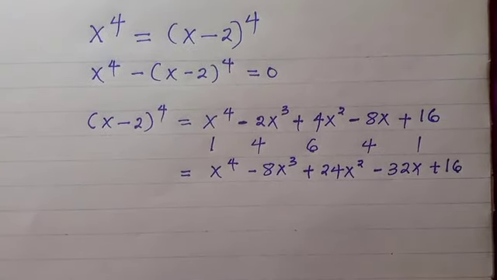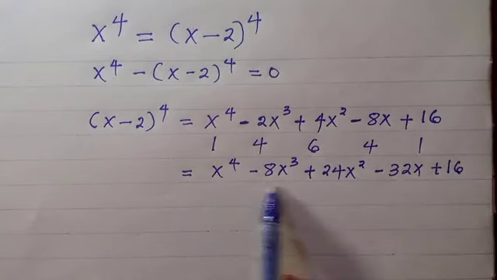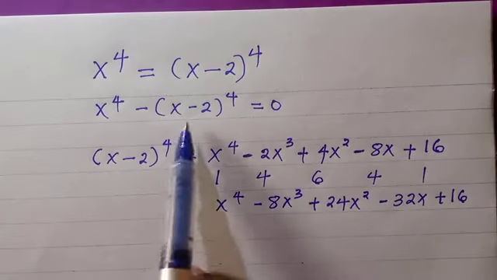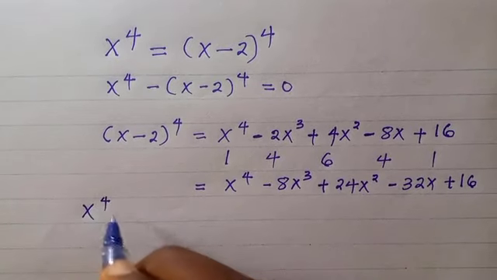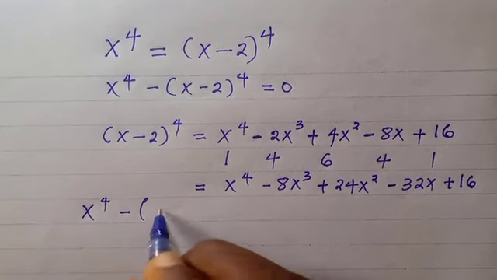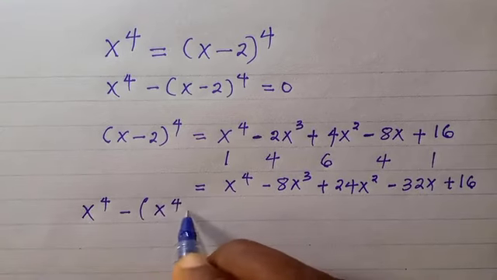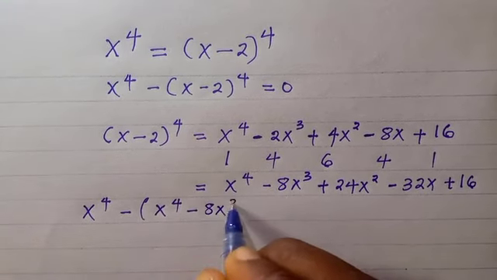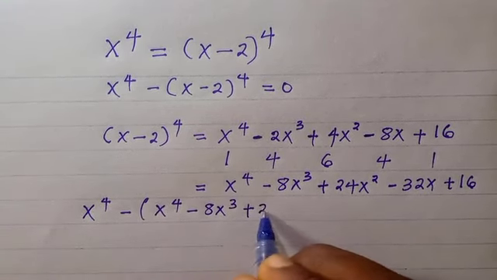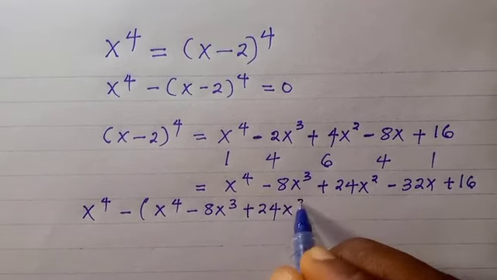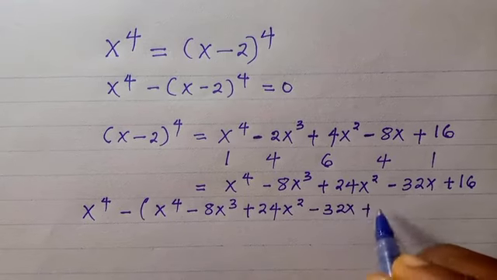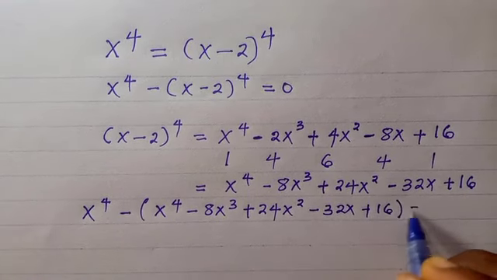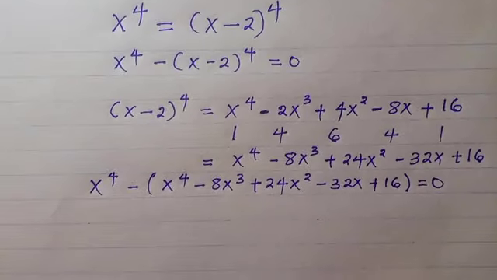On getting this, we are going to replace this here with this, and we have x to the power 4 minus (x to the power of 4 minus 8x cubed plus 24x squared minus 32x plus 16) equals 0.